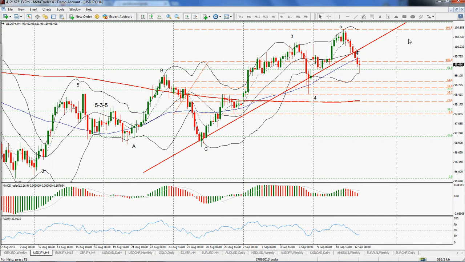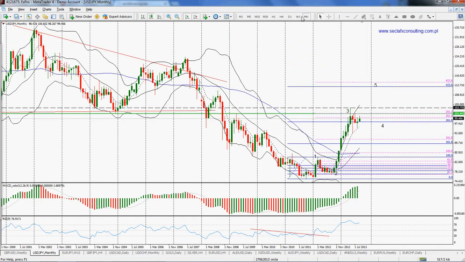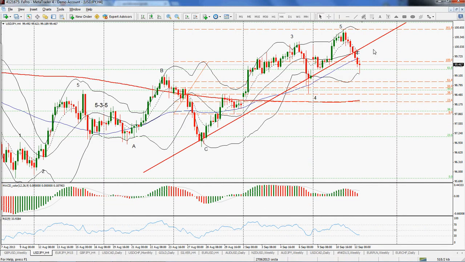Okay, good. US dollar, Japanese yen. A similar situation actually to all those Japanese yen pairs, because the currency pairs react, most of them in the same way, especially if they've got the same corresponding currency in their pairs.